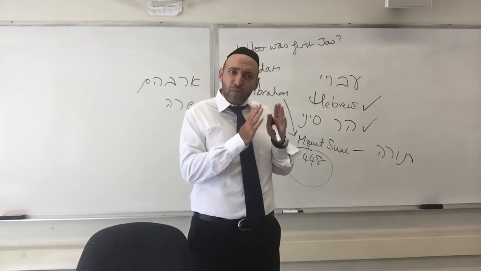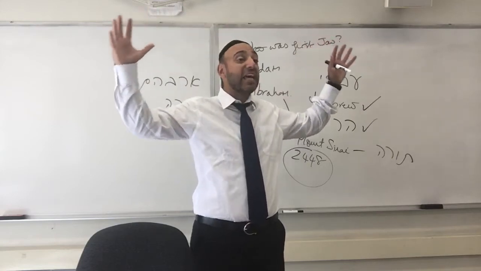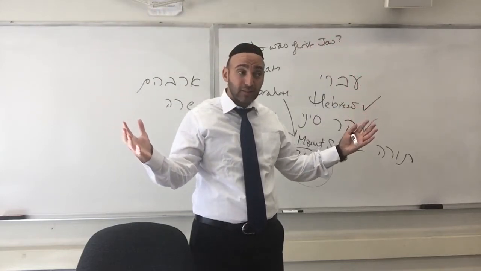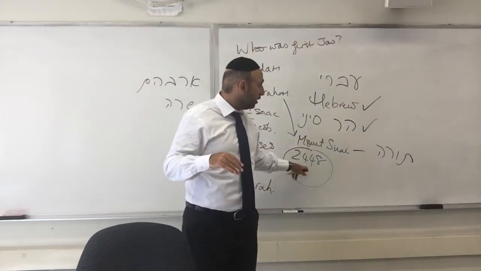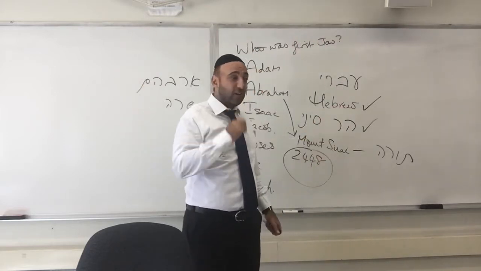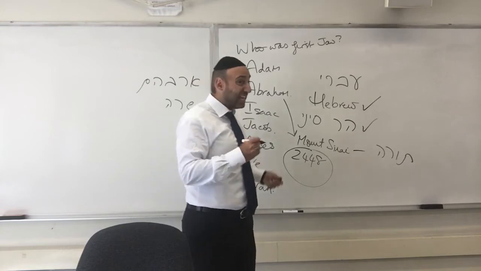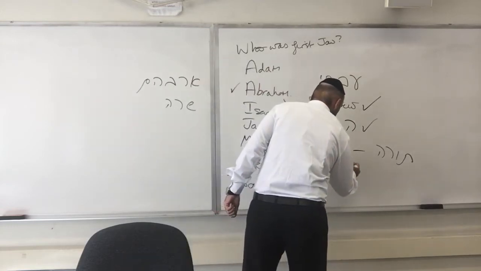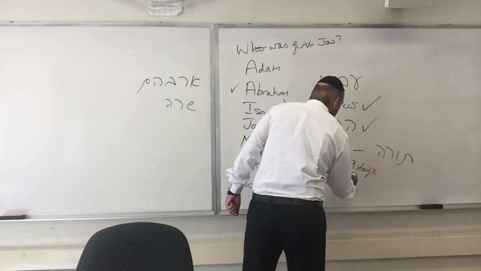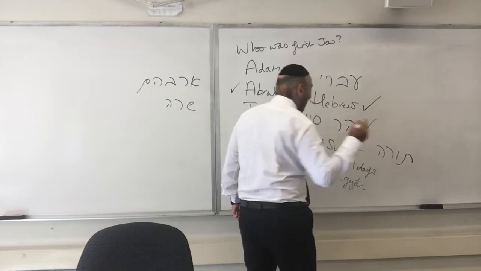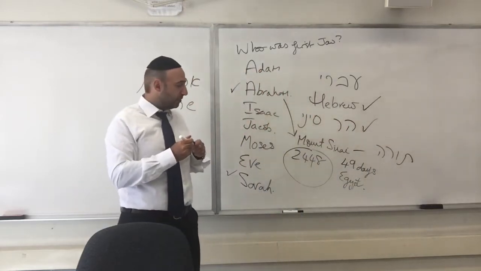So we know there were certain mitzvot. But as a collective whole, being Jewish didn't begin in that year in this place. 49 days after leaving Egypt. And that's going to be important. We're going to come to that.